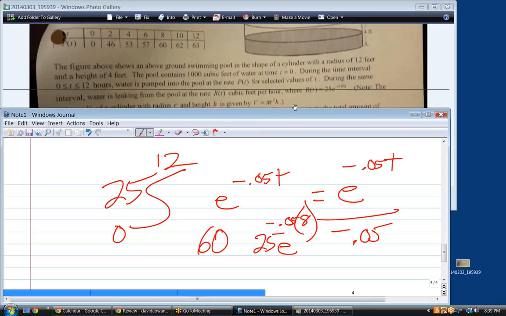In other words, at 8 hours, just plug in 8 for t and you'll find the leak rate. Subtract that number from 60 and you have the effective change in volume that's taking place at 8 hours.